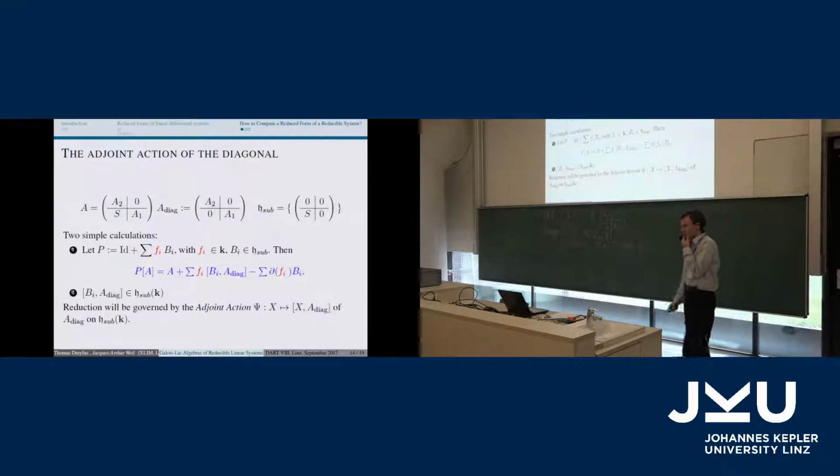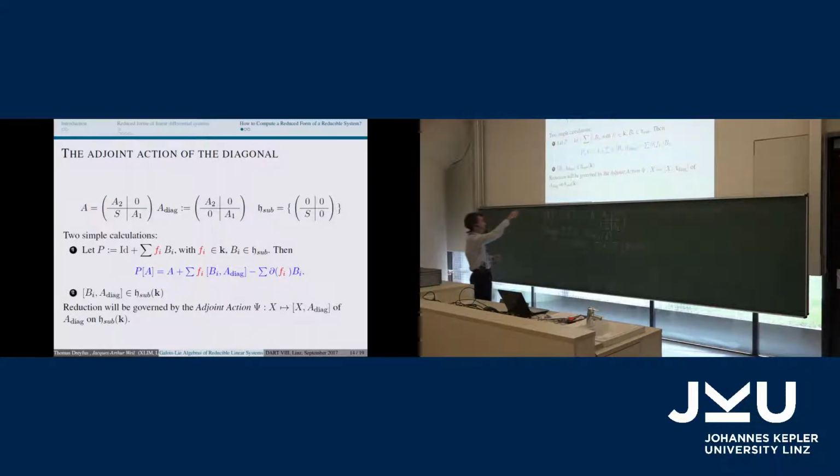So now this is the point where the audience can start dozing given the hour in the afternoon. So you have two very simple calculations that can keep you awake. And they really are simple calculations. If you take a matrix like this, the first thing you can note is that these off-diagonal matrices have wonderful properties. If you multiply two of them, you get 0. If you take the square, you get 0, and so on.